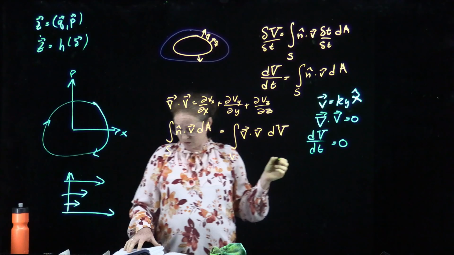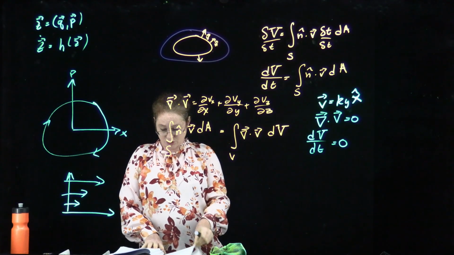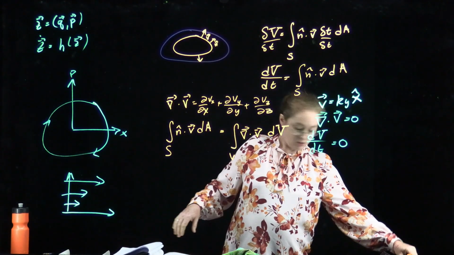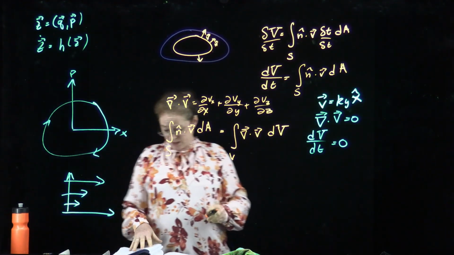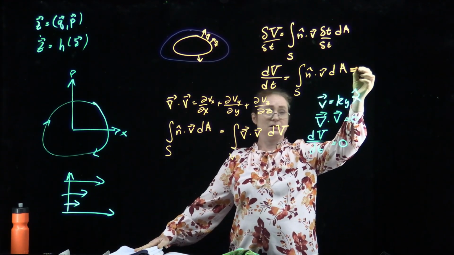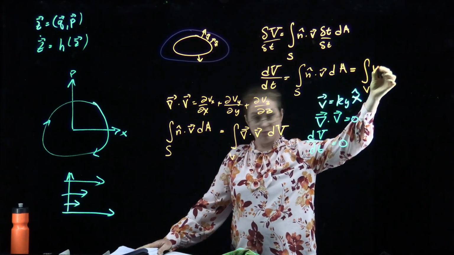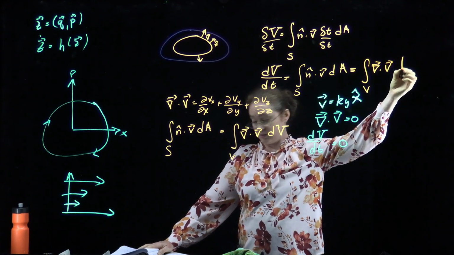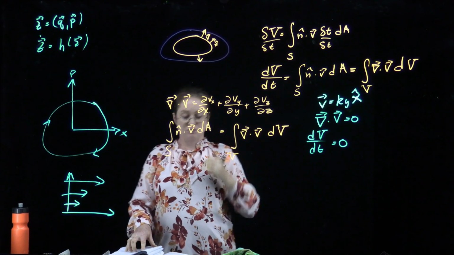And then we can take our little equation, and now we're moving back to some more general statements. We can take our equation for dV/dt and say that this is, in fact, the same thing as the integral over all volume of del dot v dV. That's also the volume.